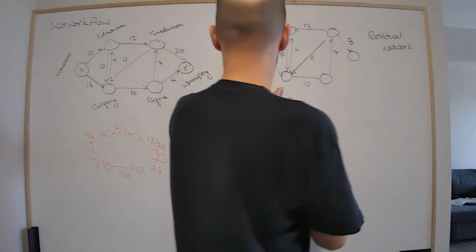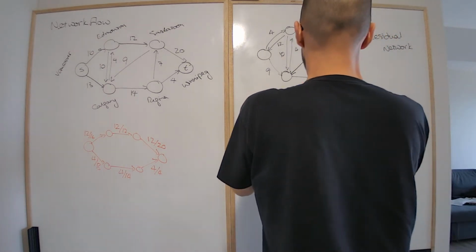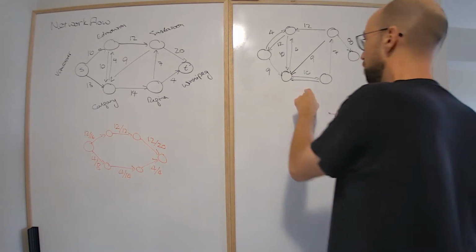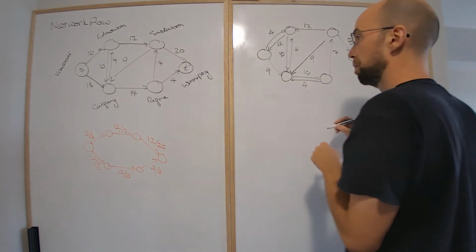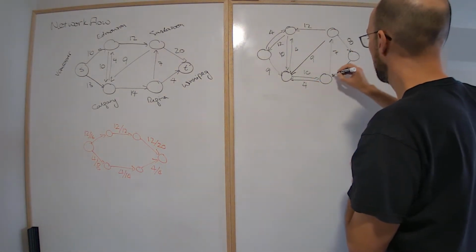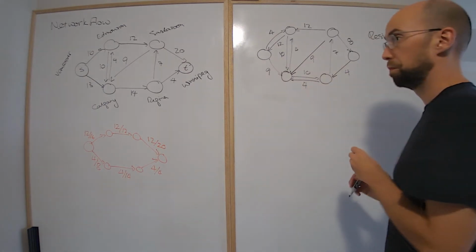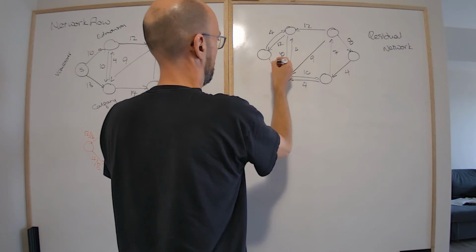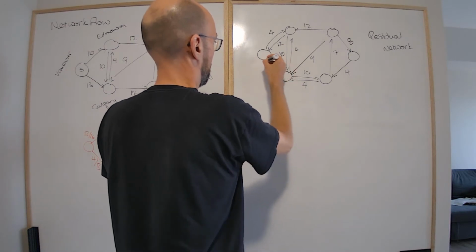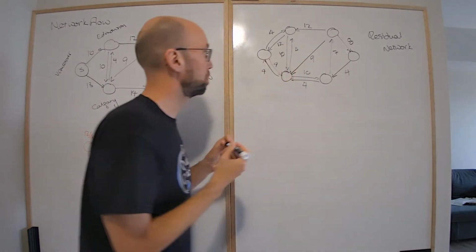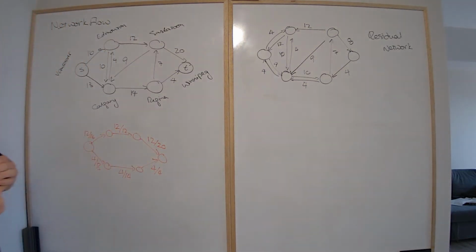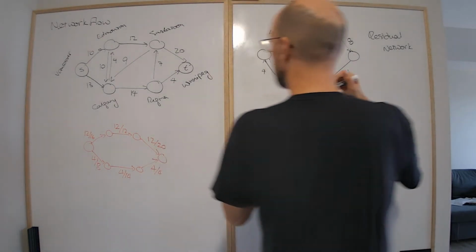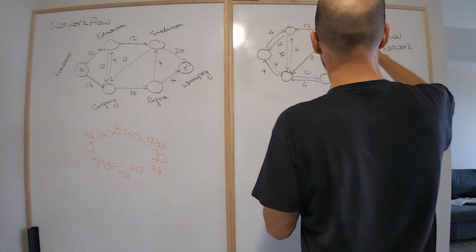Here, let's put this 10 up here so that we can draw this, and we can say we can reduce this by 4. We can reduce this by 4. Let's put this 9 on this side, we can reduce this by 4. Okay, is there anything else? Yeah, we can reduce this by 12.